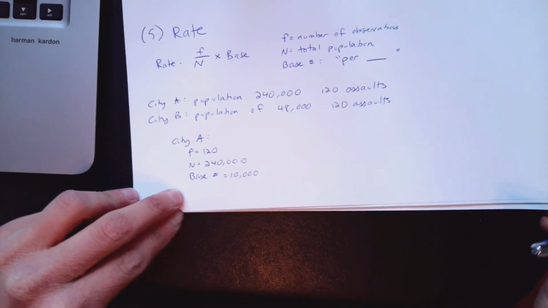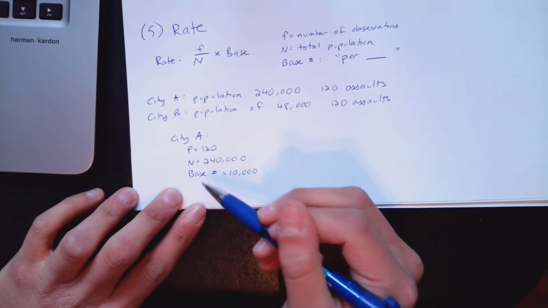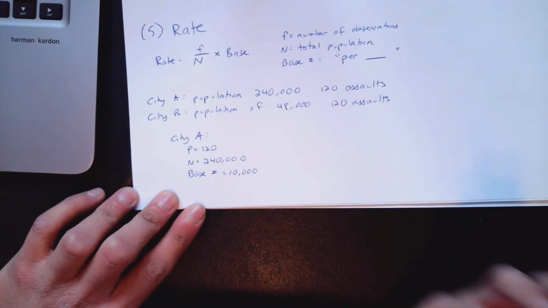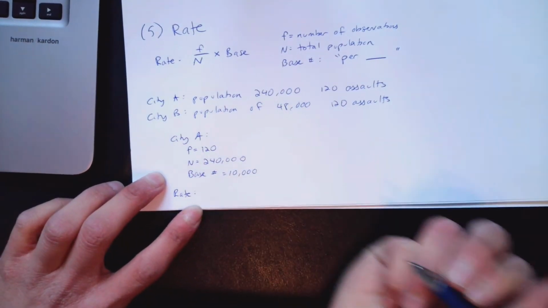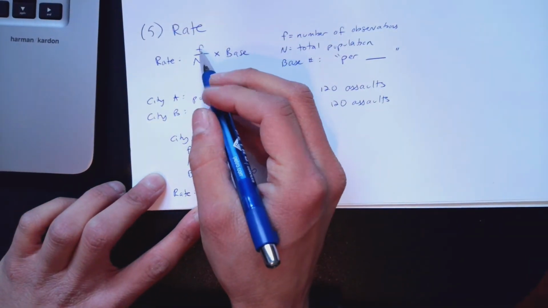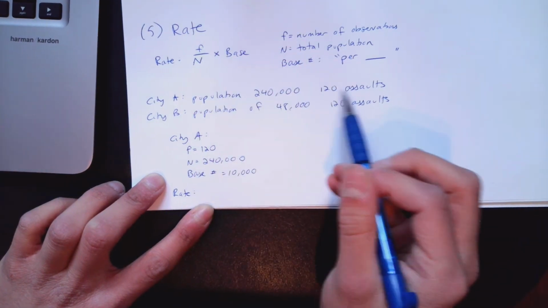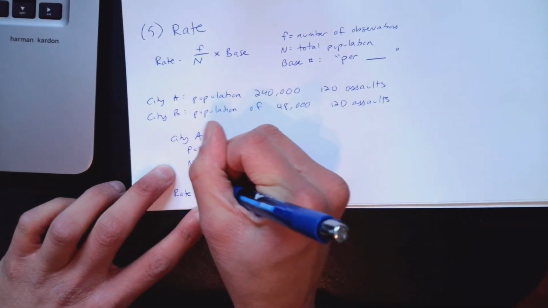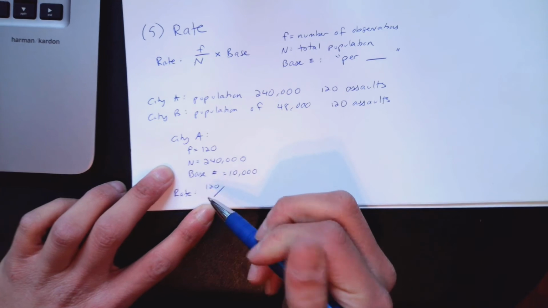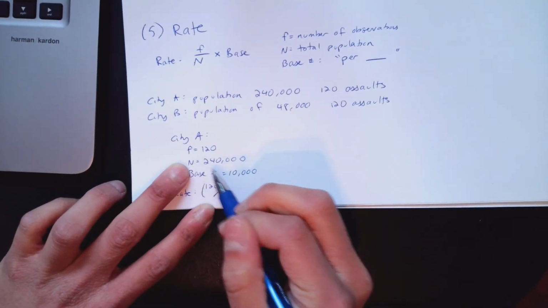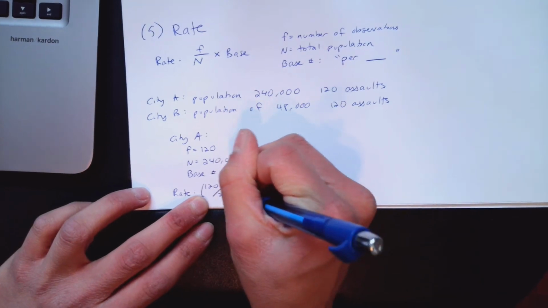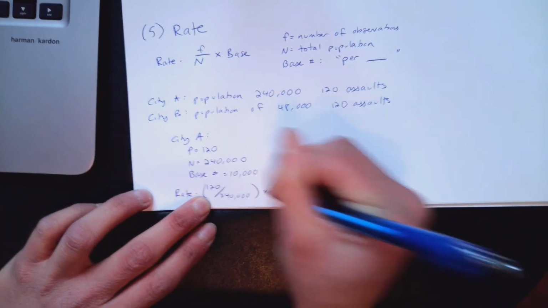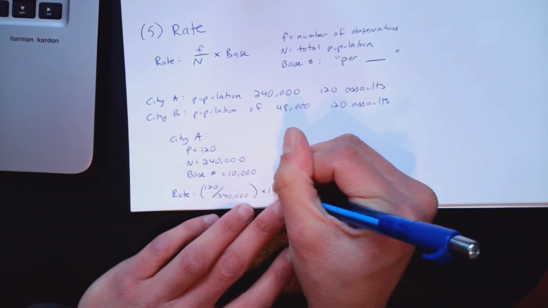So in order to calculate the rate, we're now going to plug our numbers into the formula. So our rate for city A is going to be given by this. We have our frequency, so the number of times that this has occurred, divided by our total number of people in the city, which is 240,000, times our base number, which is 10,000.